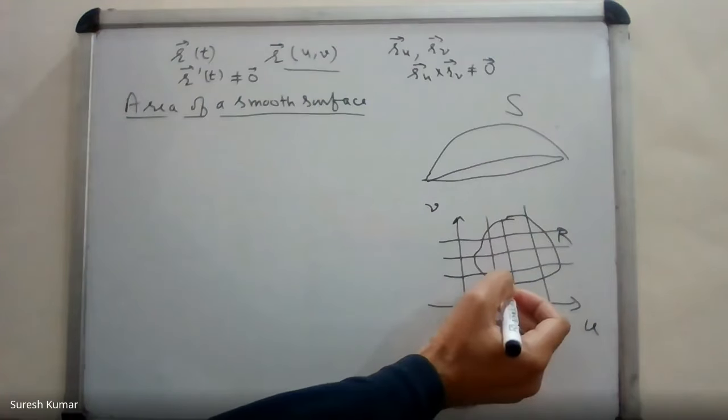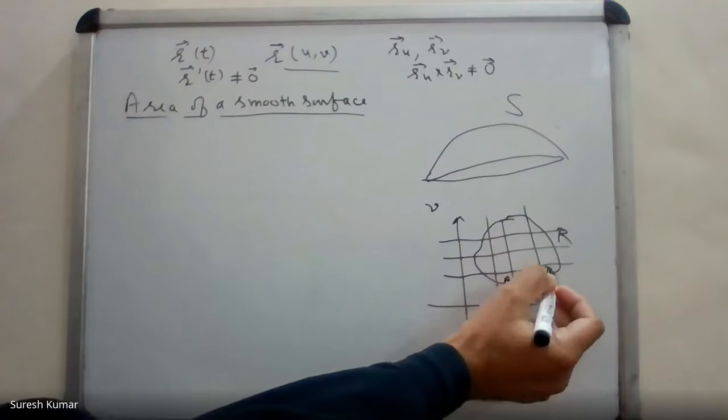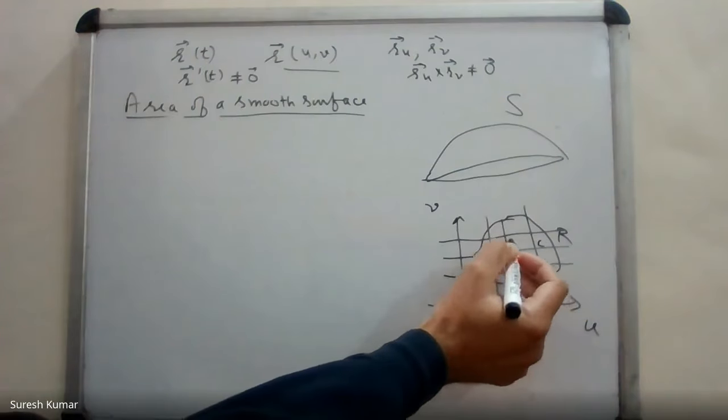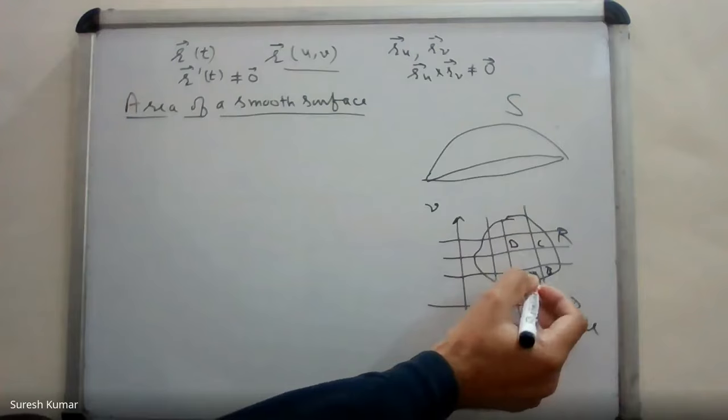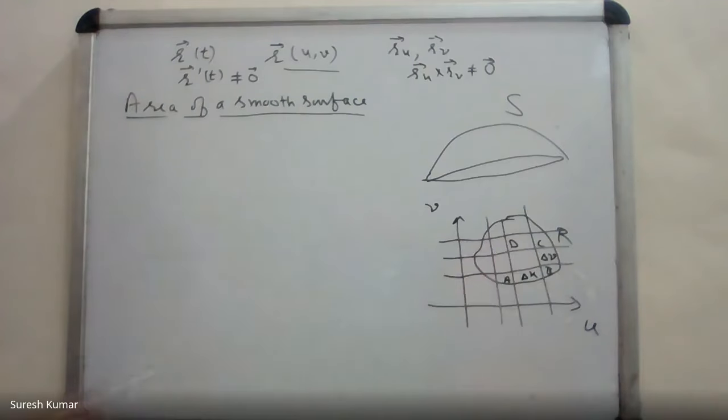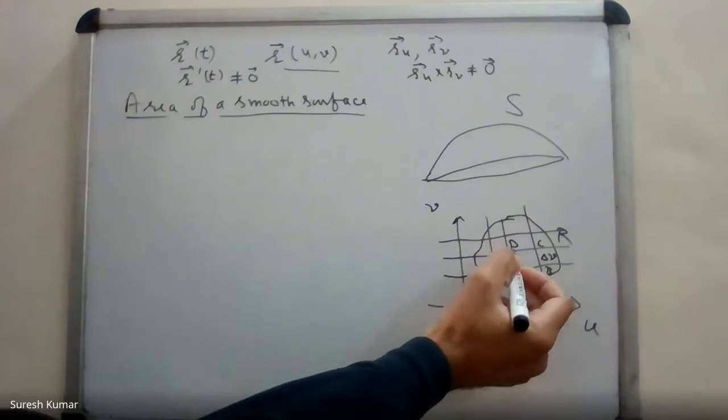Let's consider an elementary rectangle A, B, C, D with dimensions delta u, delta v.